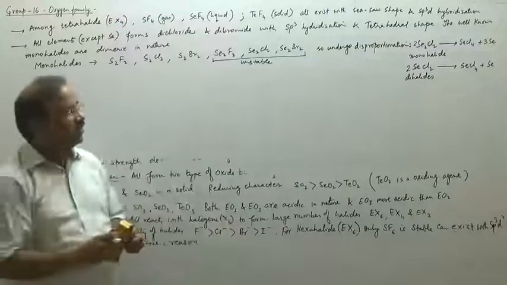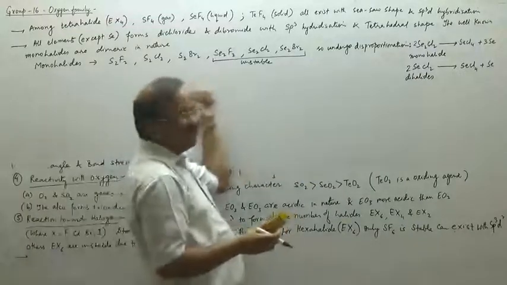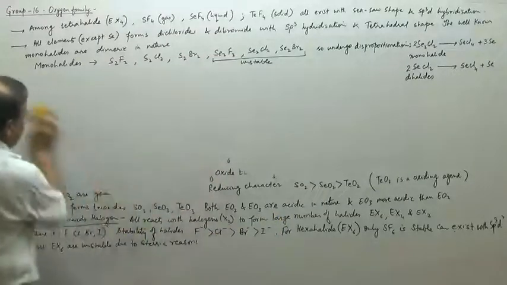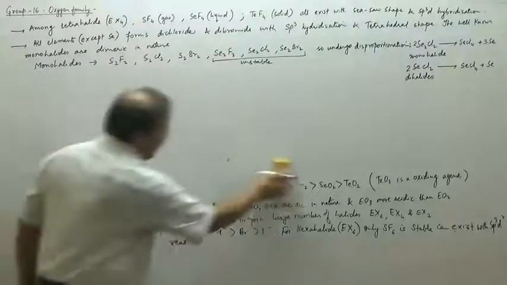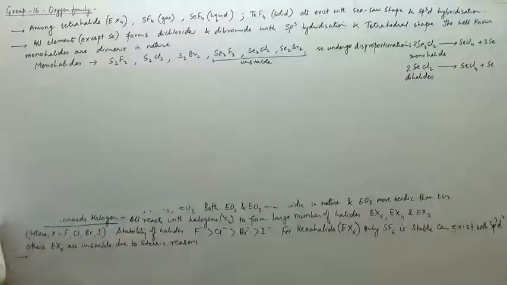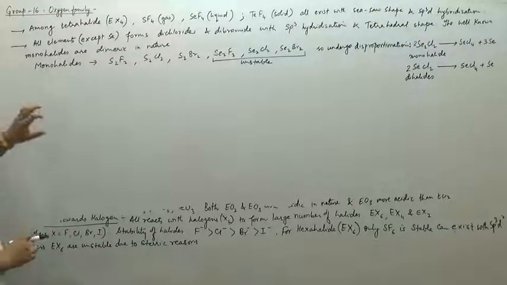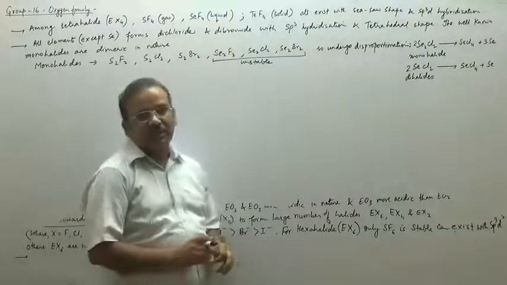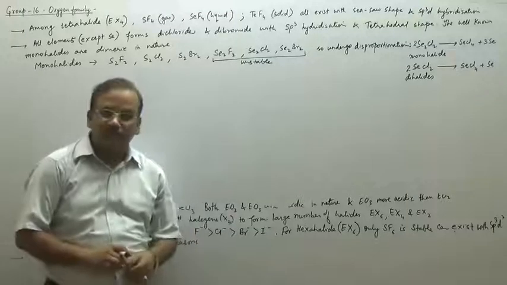So we can write the halides part like that, and the disproportionation part. This is about the halides of these elements and their chemical properties.